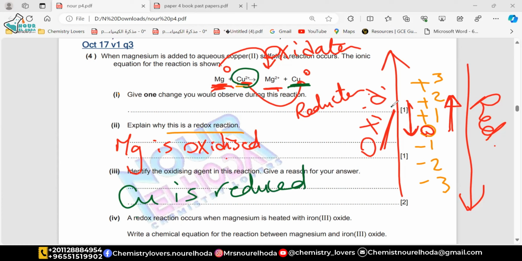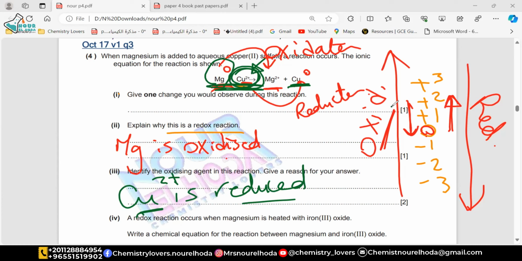Take care, if I say copper is reduced I will get 0, you need to say copper positive 2, because what was reduced is the copper positive 2, not the copper. When he asks you about any redox reaction you need to write from the reactants, not from the products. So you need to say magnesium, because it's an element, was oxidized, and copper positive 2 was reduced. This is how you have to do it.